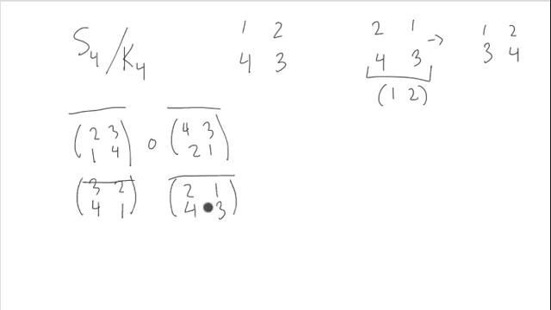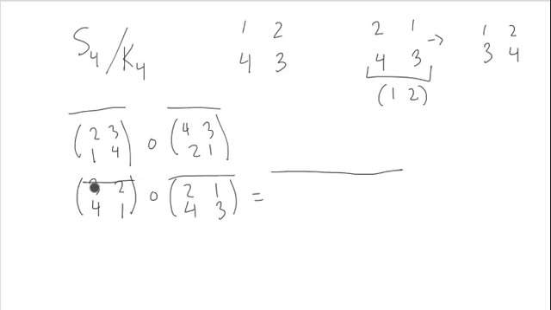Now let's take a look at this. Let's do the composition here, thinking of throwing the bar over now, after I've reduced. I'm going to think of this permutation in cycle notation.